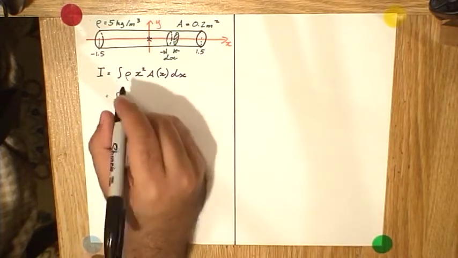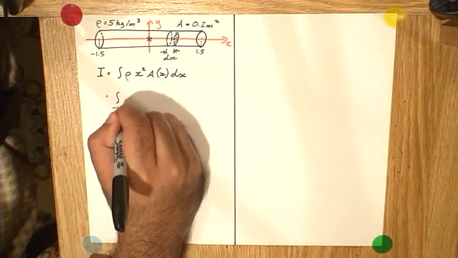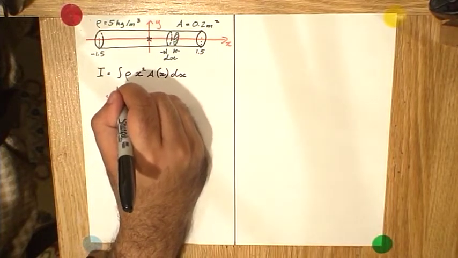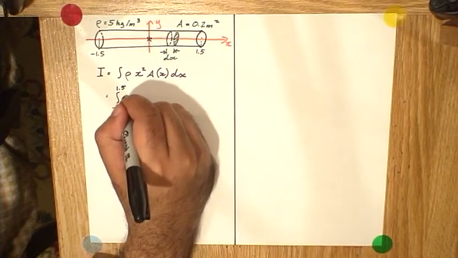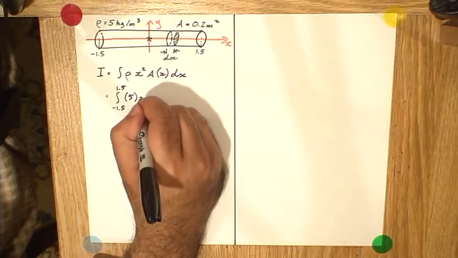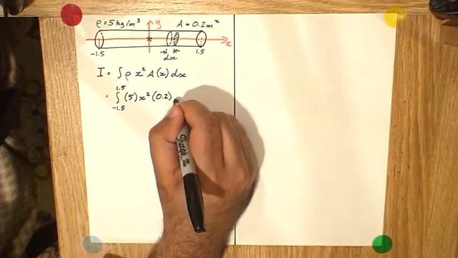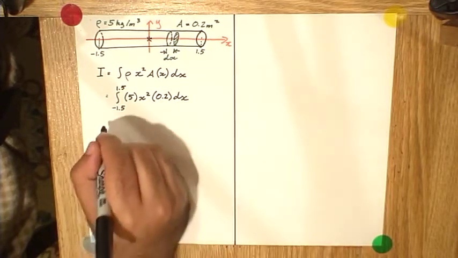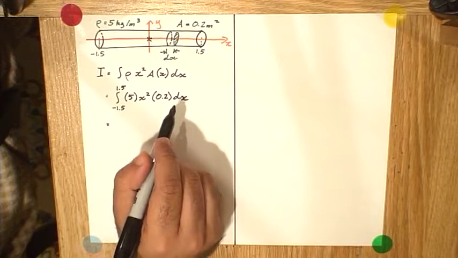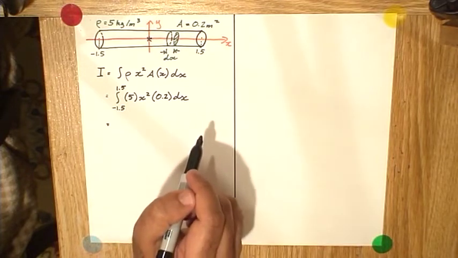This is now the integral from negative 1.5 to 1.5 of the density, rho, x squared, A of x is 0.2, dx. So let's simplify this. 5 times 0.2 is 1.